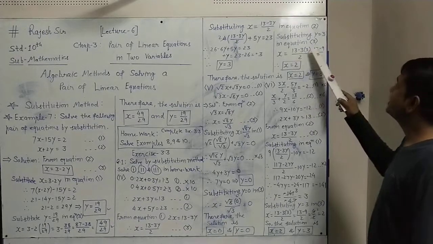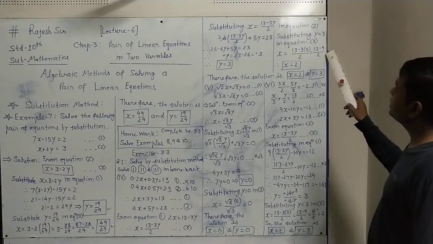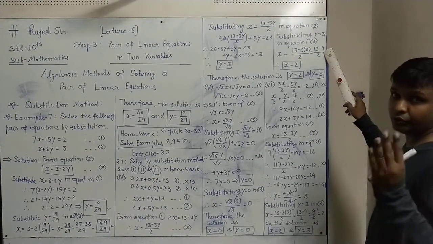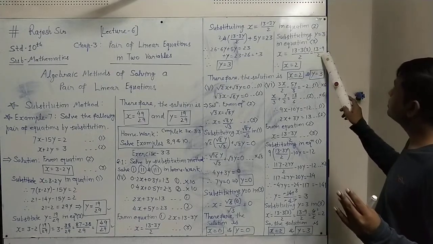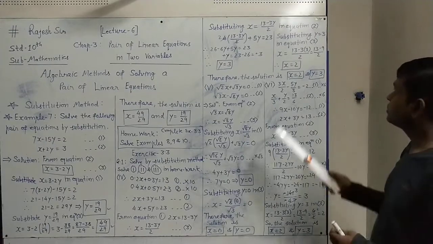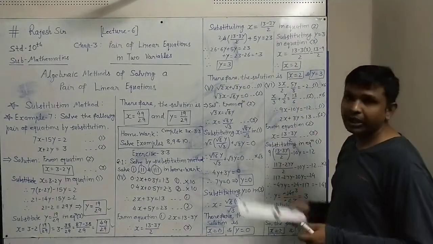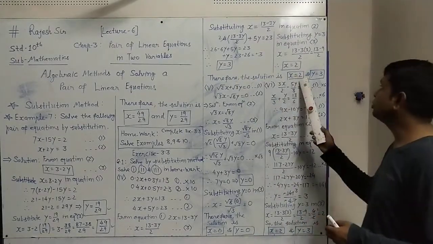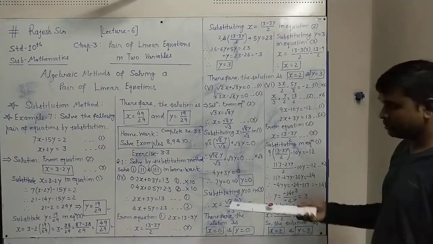So 13 minus 3 3s are 9, upon 2. Then 13 minus 9 is 4, 4 by 2 will give 2. So x equals to 2 you have. So this way we have got both the values of x and y. Therefore the solution is x equal to 2 and y equal to 3 by substitution method.